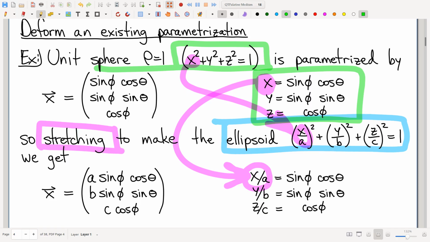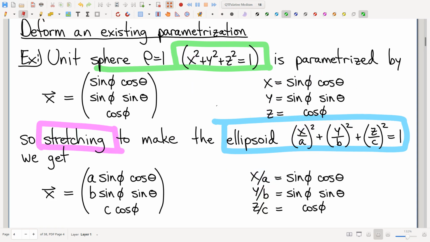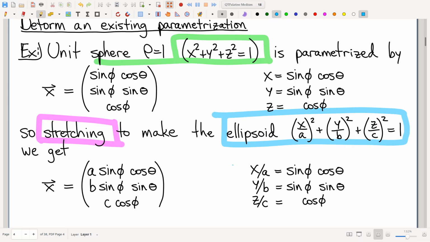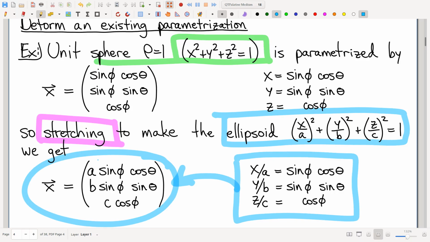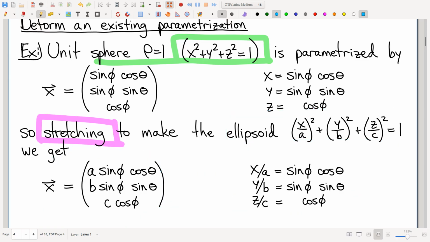And this is how you stretch when you're looking at an equation. Likewise for the y, likewise for the z. So this gives us a parameterization of the ellipsoid, and of course you can rewrite that back in vector form like so.